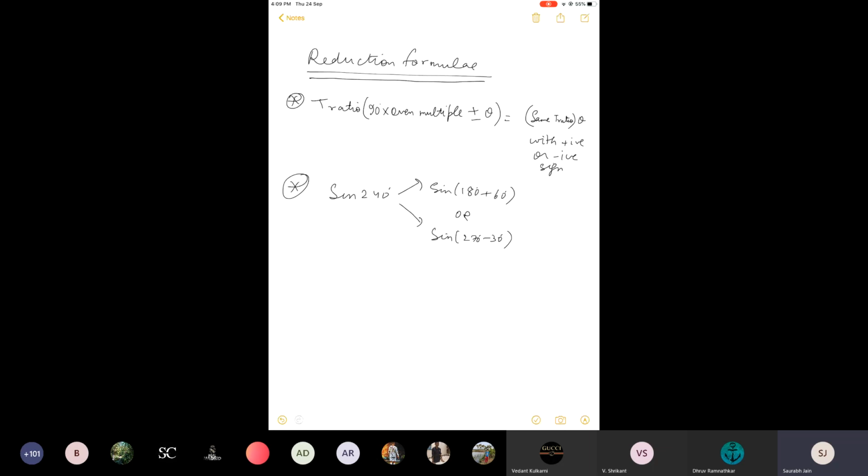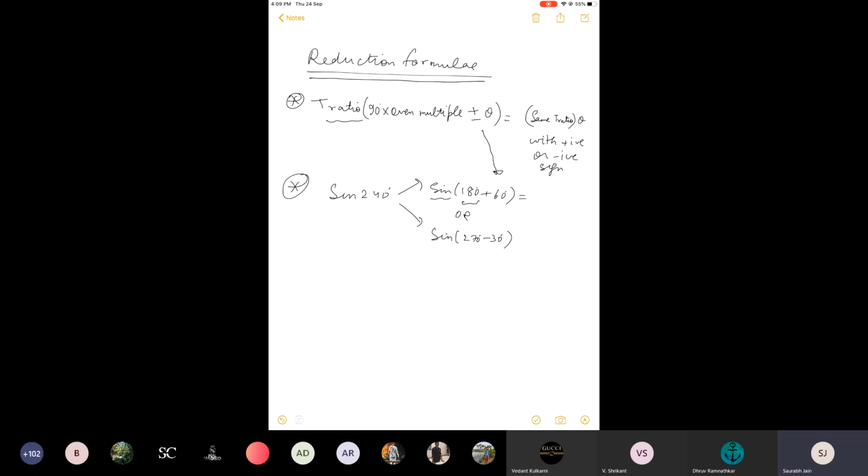See, if I write it like this, then in place of trigonometric ratio, we have sine. 180 is an even multiple of 90, that is 90 into 2, and whatever angle is there with plus or minus sign, it is 60 here. So I hope now you know how to compare this.